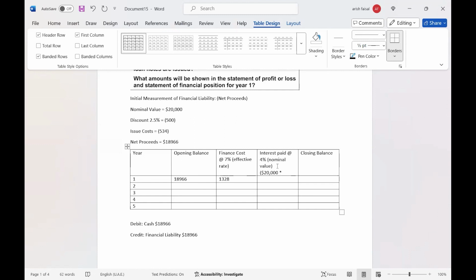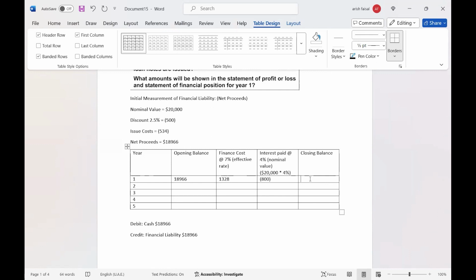So 20,000 into 4%, you will get 800. So that's the interest payment. The accrued expense for this loan note is 1328, but because the company has paid 800 in terms of interest, now there's a balance of 528.